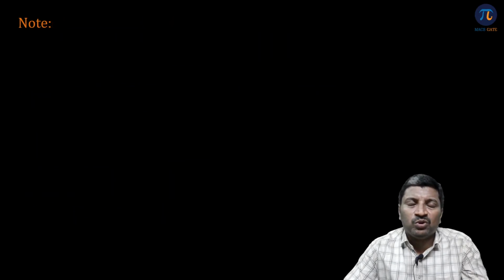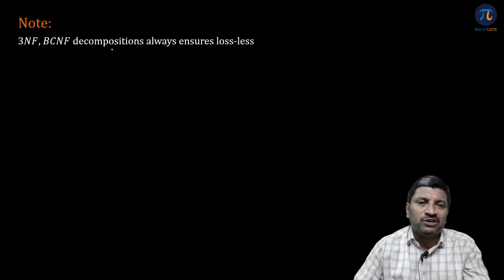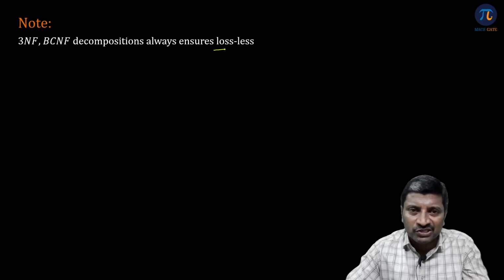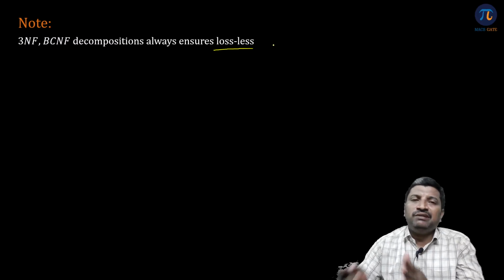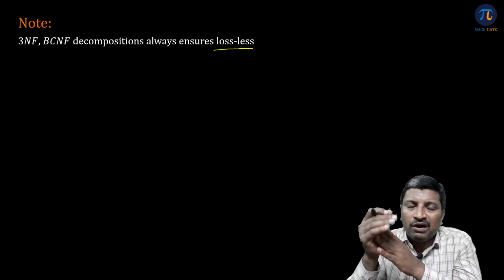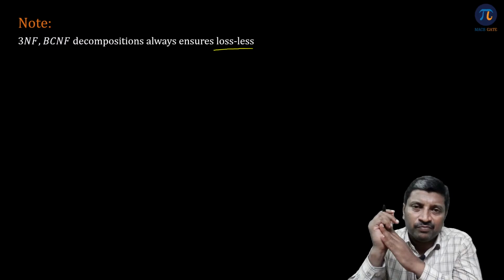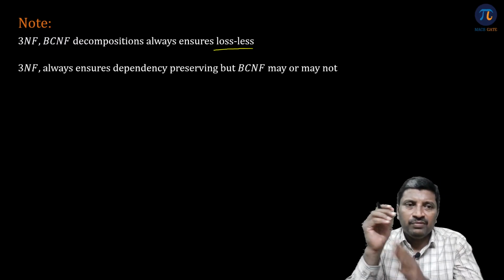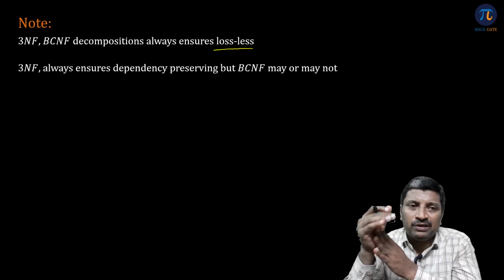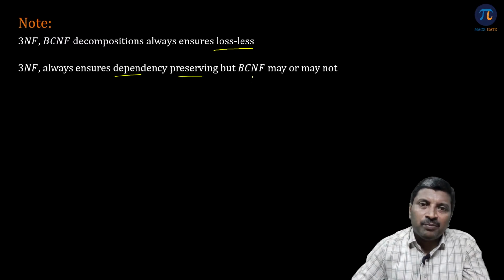So let me give some notes about normal forms. Sir, 3NF and BCNF decompositions always ensure lossless. What does that mean? If we decompose according to 3NF or BCNF, the decomposition will always satisfy the lossless property. Then coming to the second point, 3NF always ensures dependency preserving, but BCNF may or may not.